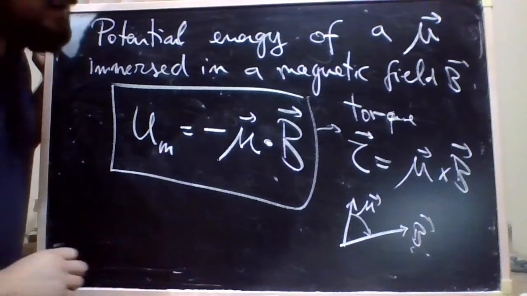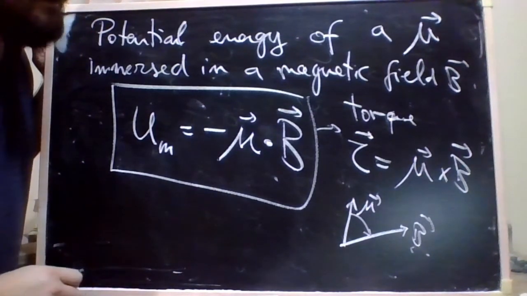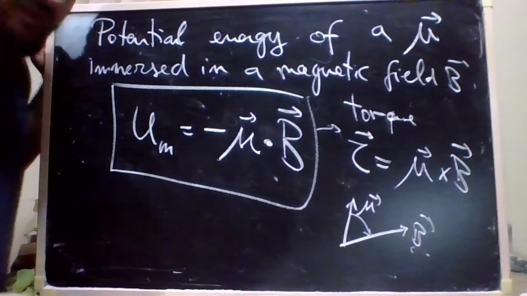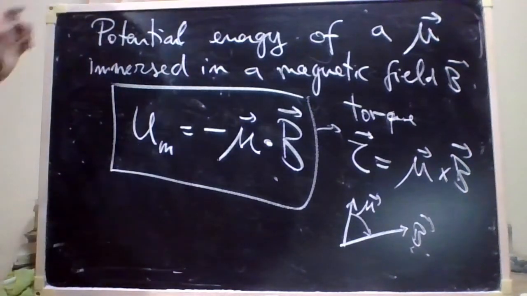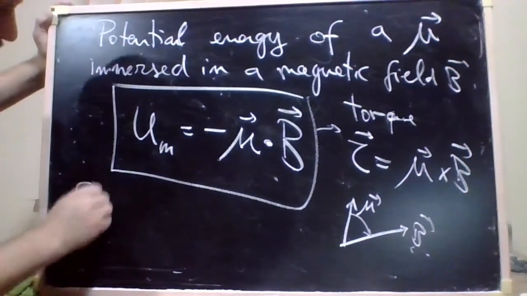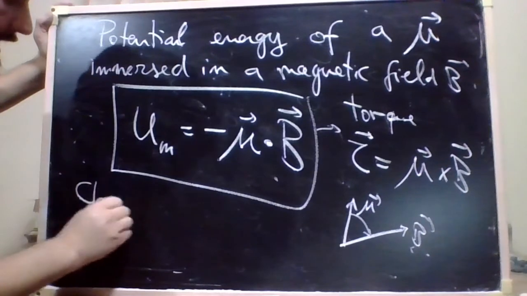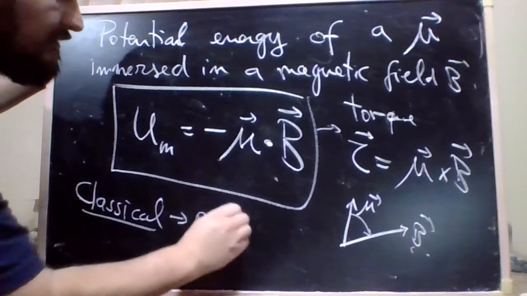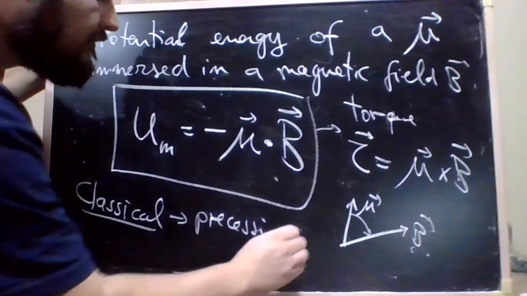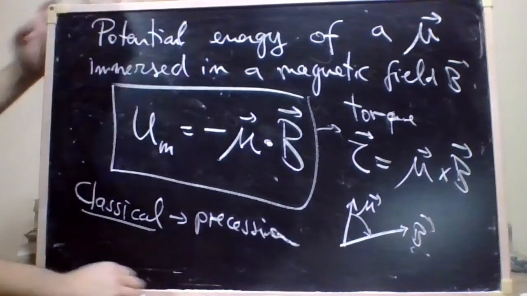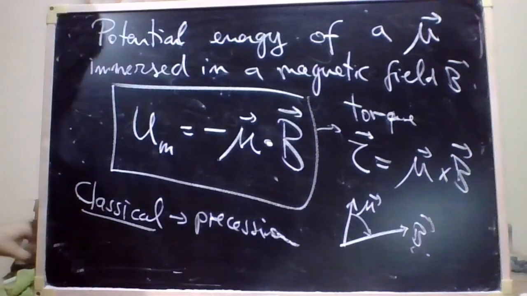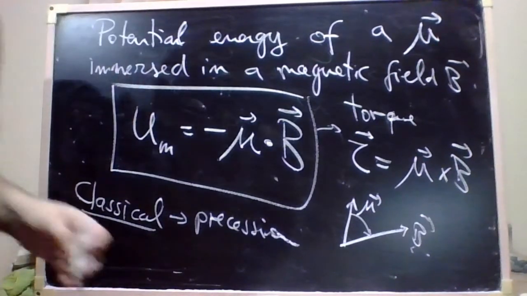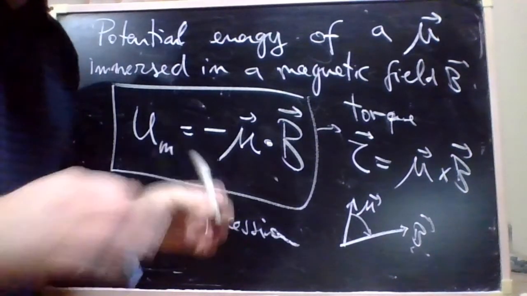But if you are considering a lossless system, it is classical. It does not need to be quantum mechanical. In classical mechanics, you also have a precession. So consider a lossless system. There is no attenuation.